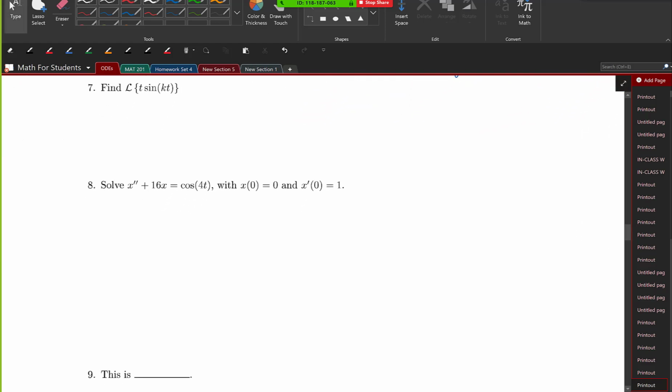So let's go ahead and actually apply that theorem on this one here. So we've got the Laplace transform of t sine of kt, and here I'm going to rewrite this, just to emphasize it, as the Laplace transform of t to the first power times the sine of kt.